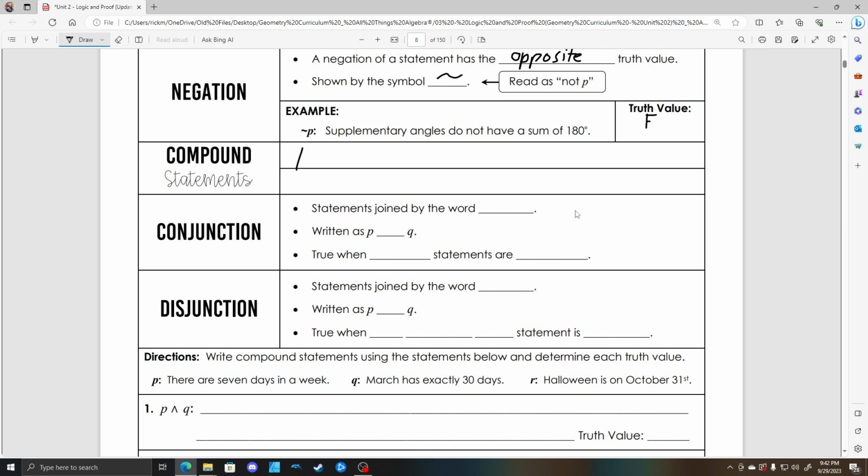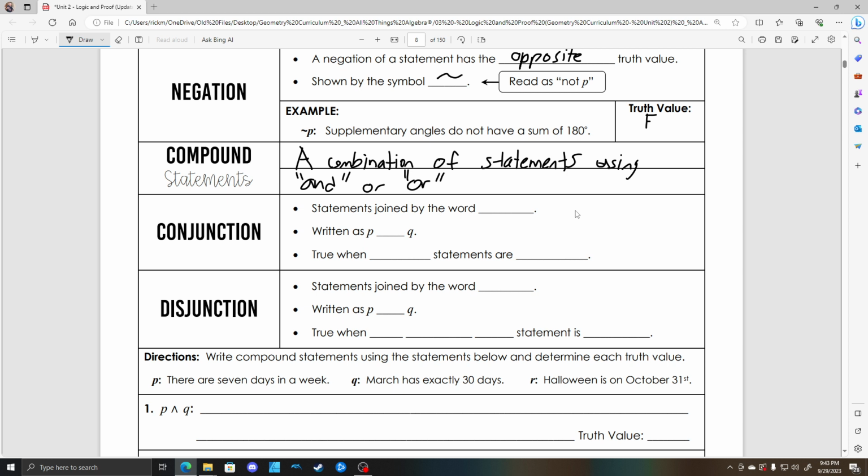So this is a combination of statements using and or. So it's a combination of statements using and or.